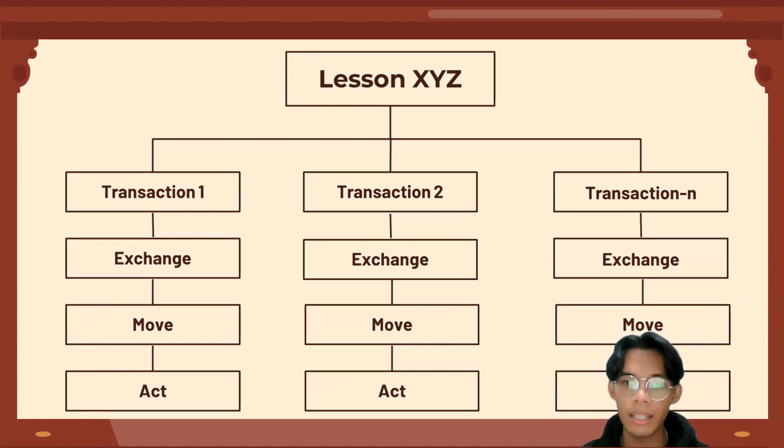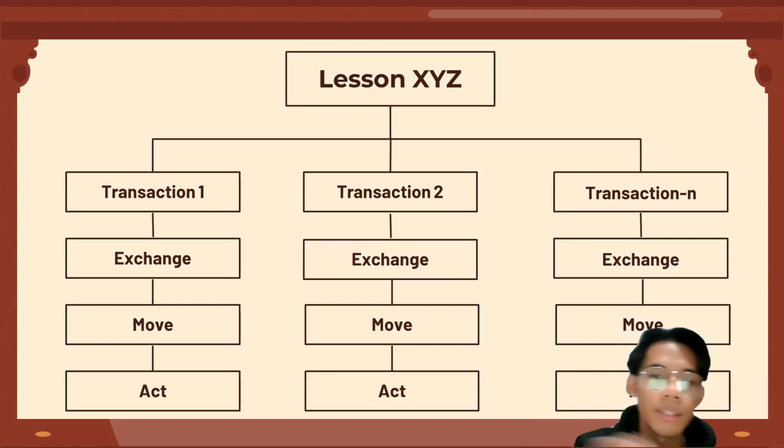When you have teaching and learning and you plan a lesson plan, there will always be a pre-lesson, main lesson, and post, or pre-activity, main activity, and post. That is like the general definition of a transaction itself. I will explain it later.